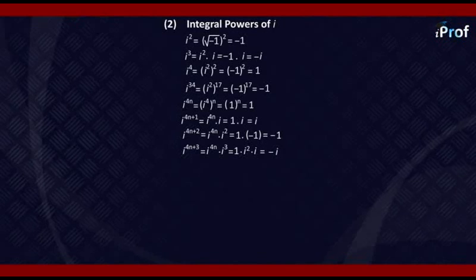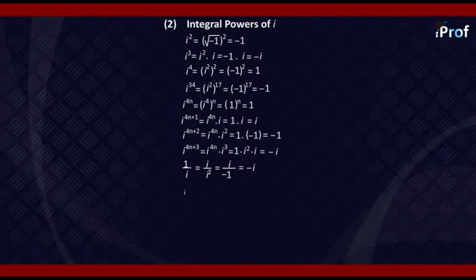Iota raised to power minus 1 becomes 1 upon iota, which can be written as iota upon iota square, which becomes iota upon minus 1, which becomes minus iota. So remember, 1 by iota is always equal to minus iota.